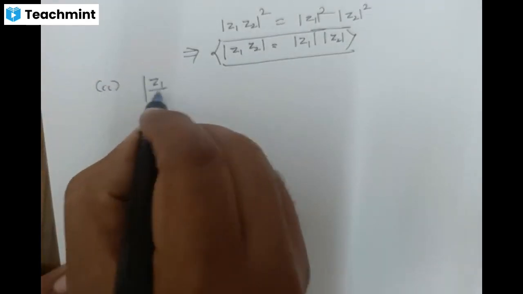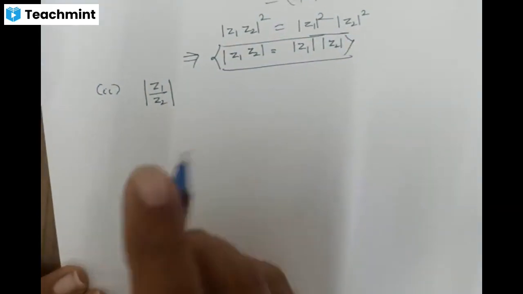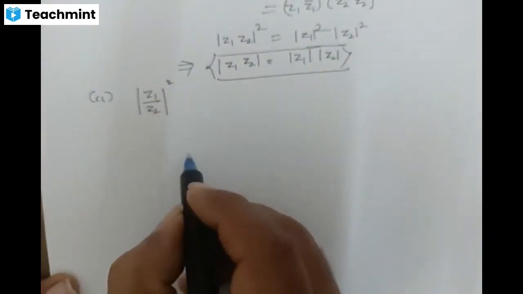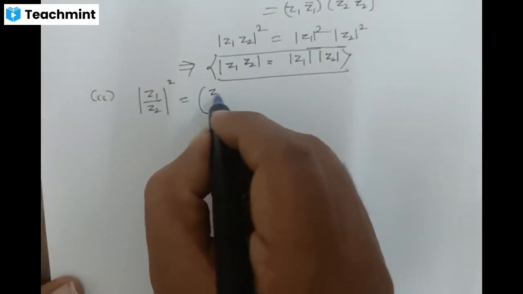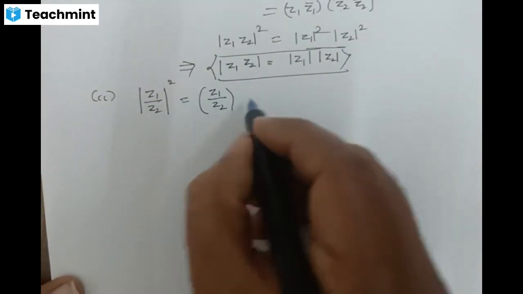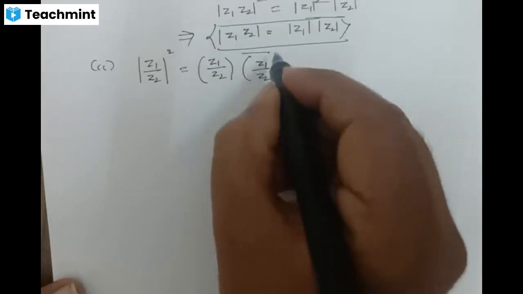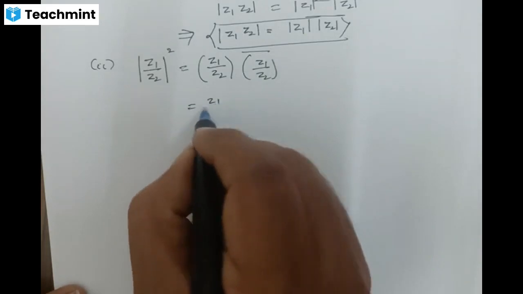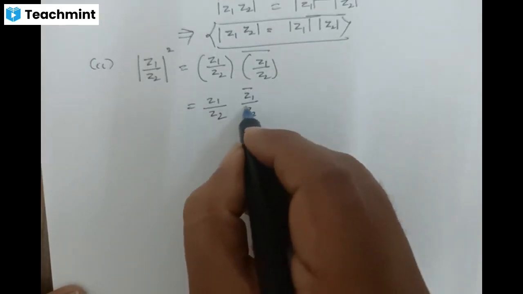Mod (z1 by z2) is equal to, we can prove, mod z1 by mod z2. I will take this whole square. So this we can write as z into z bar. Okay, z means z1 by z2 into z1 by z2 whole bar. So this we can write as z1 by z2 into z1 bar by z2 bar.